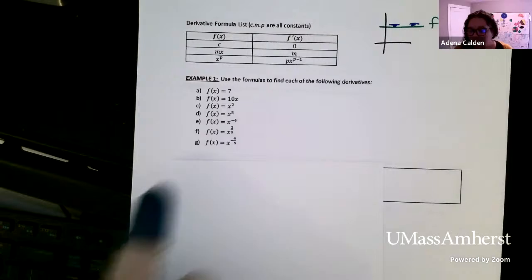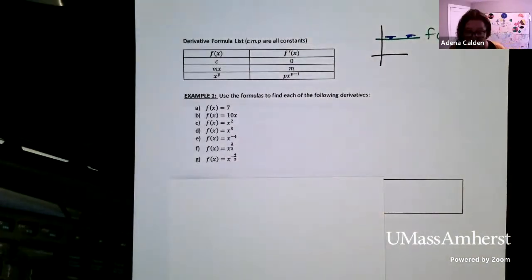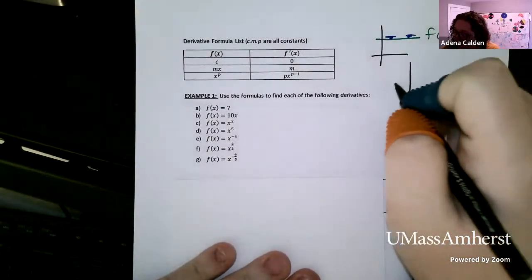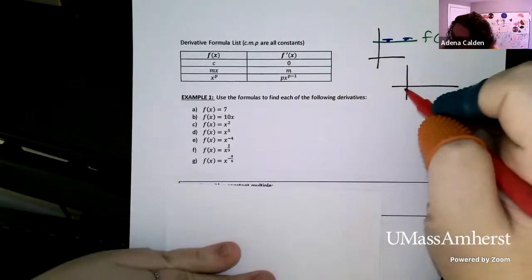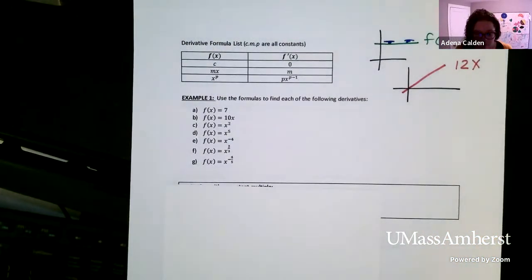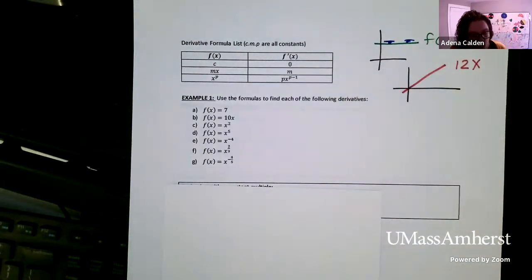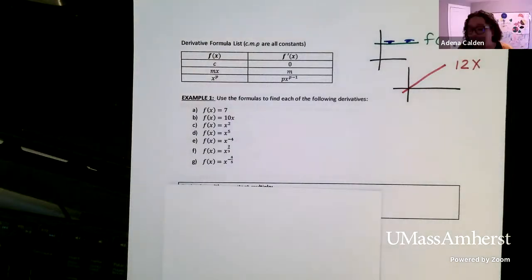The next one says, okay, what if we have a line, but it's not horizontal? Let's say we have something that looks like 12x. It goes up from left to right. We know that the change of a linear function is still just the slope.